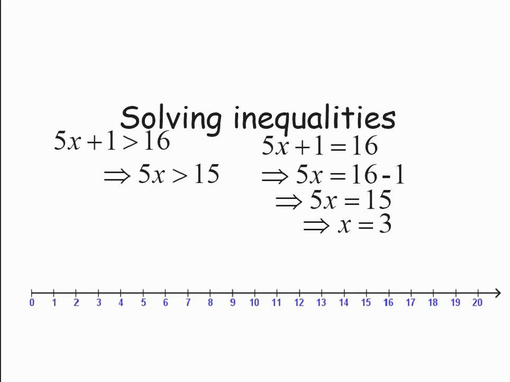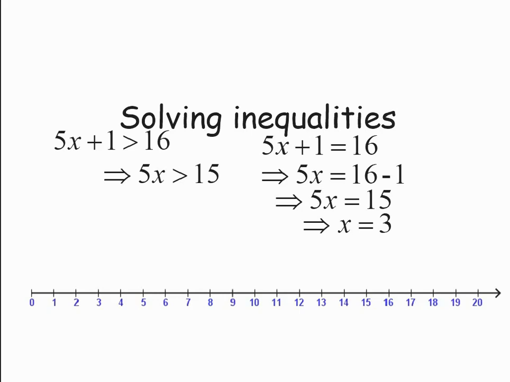But one thing that is different here is the symbol sign, because the difference between inequality and equation is just the equal sign. So 5x is greater than 15. I have moved positive 1 across the symbol greater than to give me 16 minus 1.